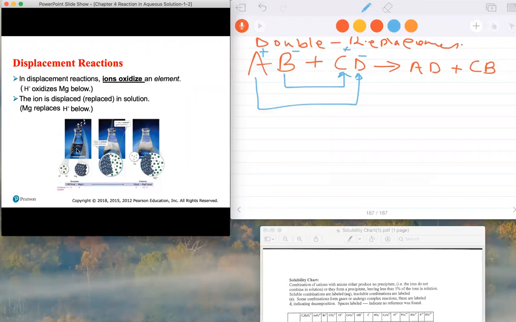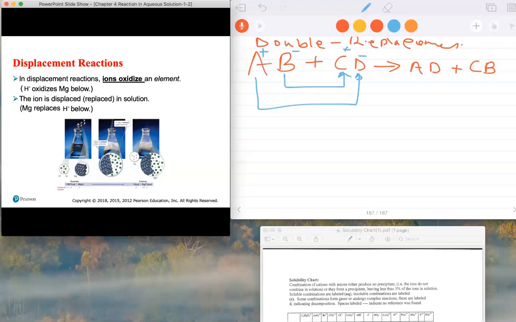Single replacement reaction. In single displacement reaction, you have to look at or understand the activity series chart.